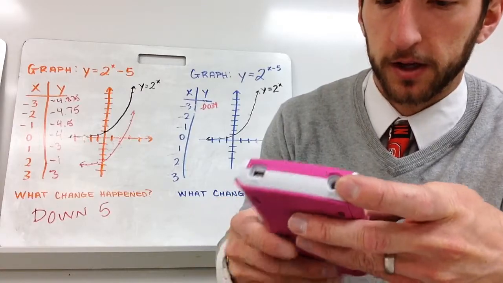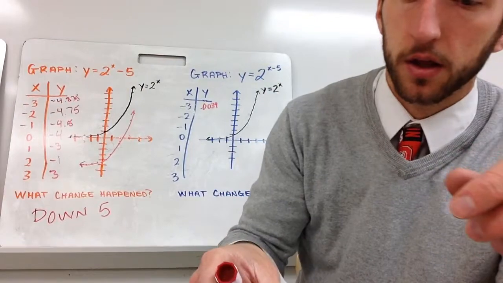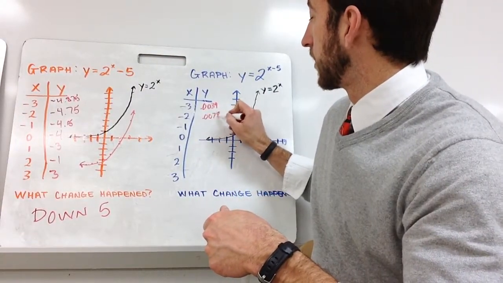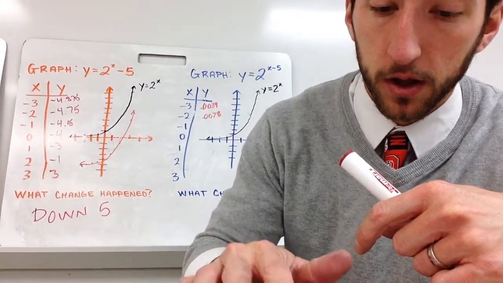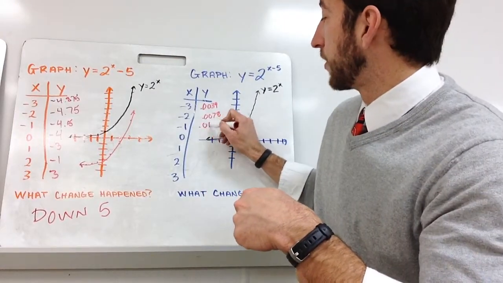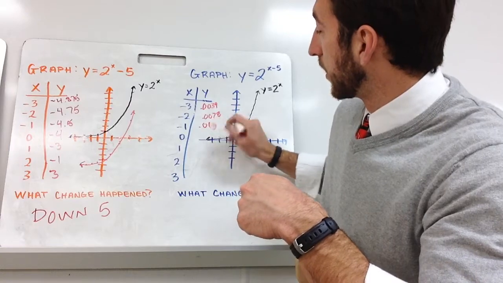So I press my second enter, plug that back in. And my number is 0.0078, and negative 1. Got 0.015. We'll round that.